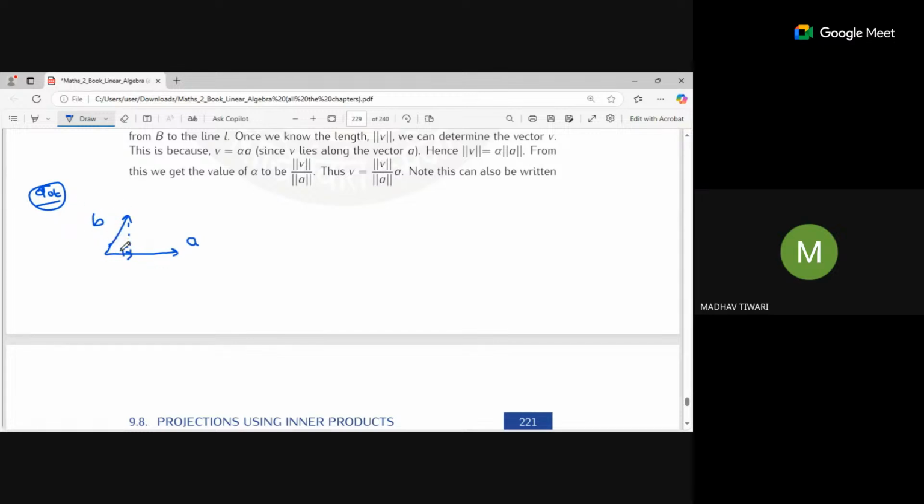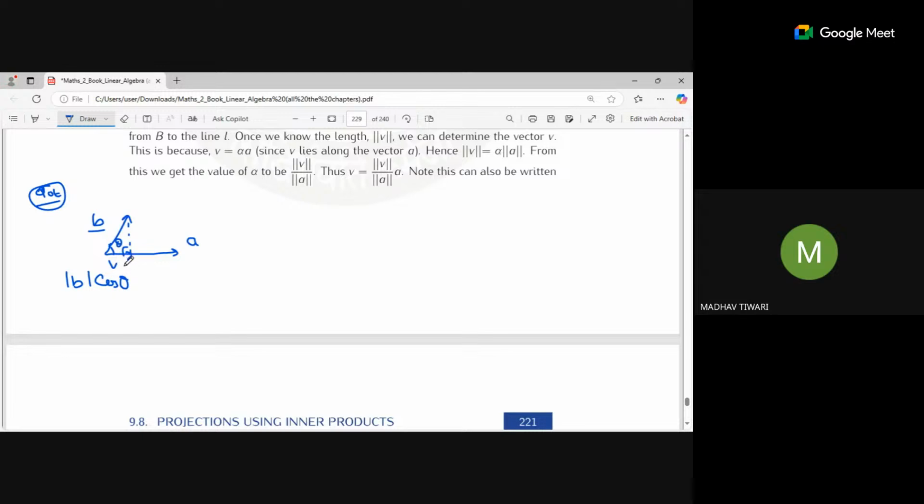So how can we find it out? You can see it is a triangle. By the property, if this angle is theta and I know the magnitude, or the length, of this vector, then the length of this vector times cos theta will be this vector here.